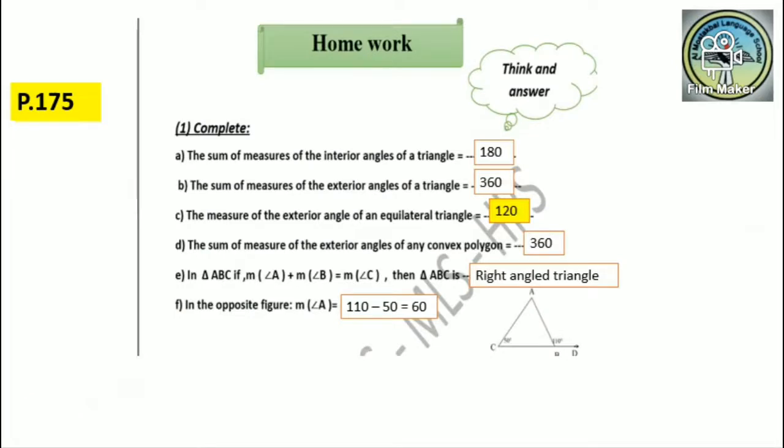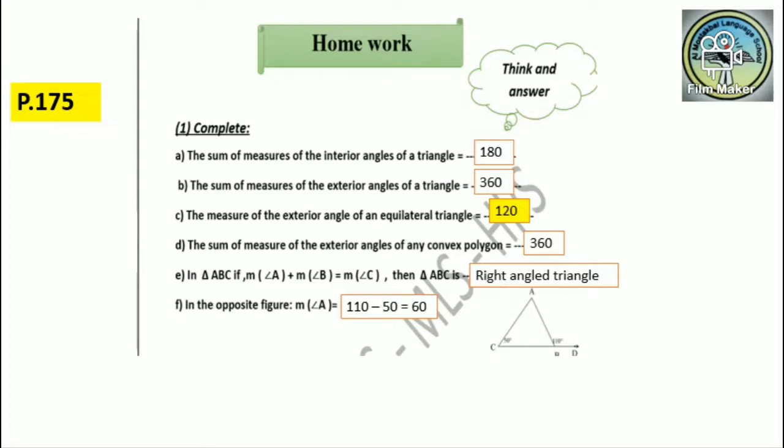The first question, complete. A. The sum of measures of interior angles at any triangle is 180 degrees. Excellent. The sum of measures of the exterior angles of a triangle equals 360. How do you know, Noura?